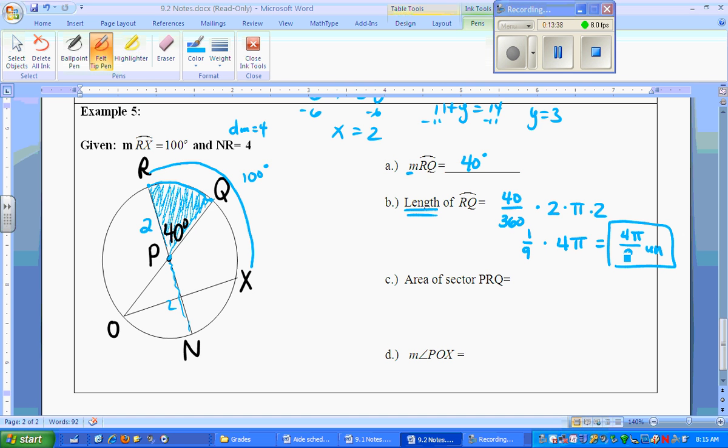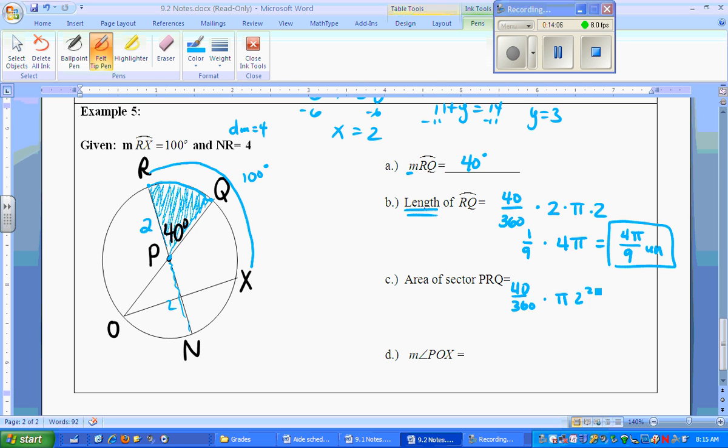We want the area of the sector PRQ, so we got PRQ. We want the area of this sector. Well, what do we know? We know it's still going to be 40 over 360, which is 1/9. And now we need pi r squared, which is 2 squared. So what do we have?